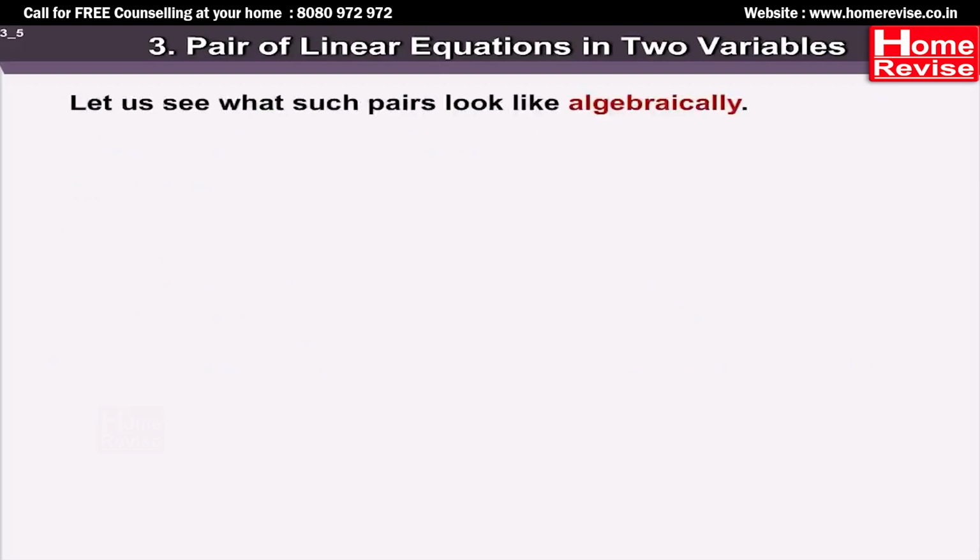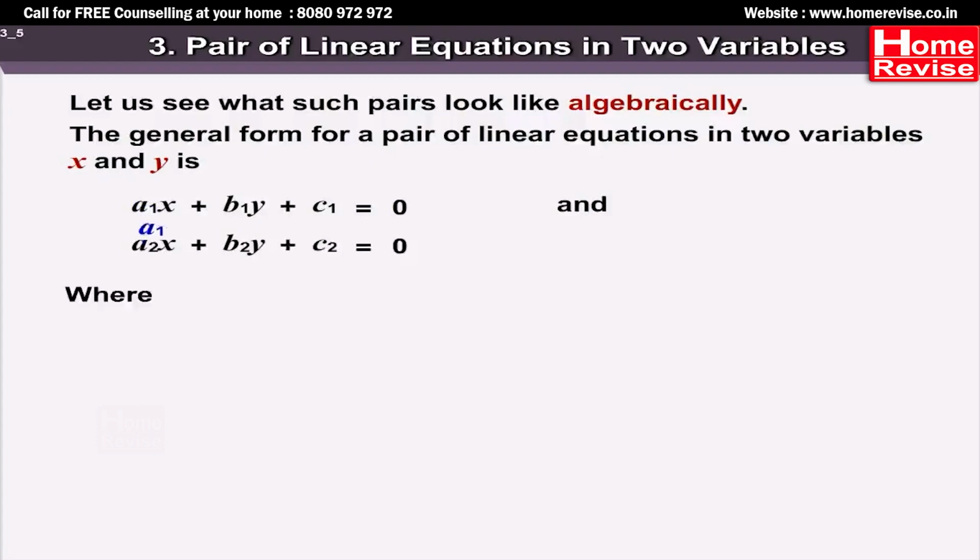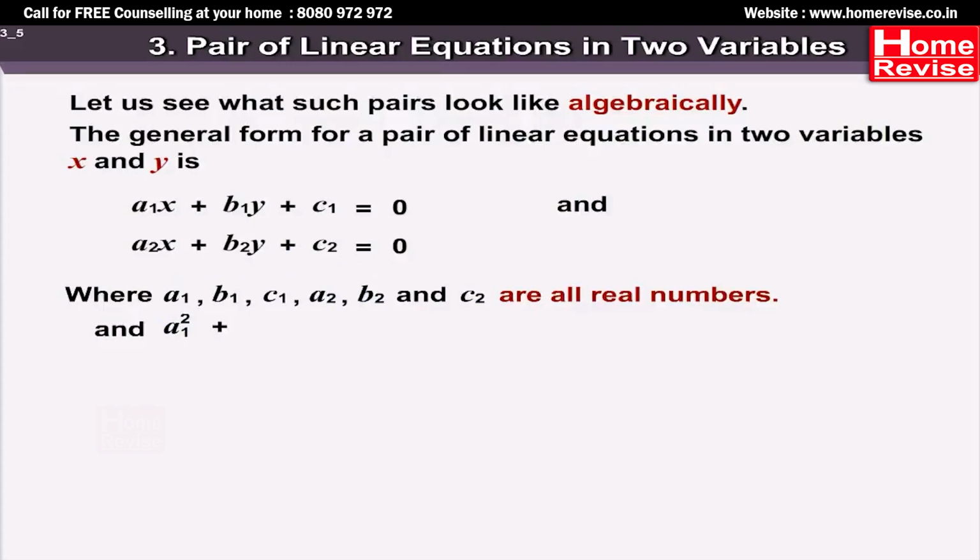Now let us see what such pairs look like algebraically. The general form for a pair of linear equations in two variables x and y is a1x plus b1y plus c1 is equal to 0 and a2x plus b2y plus c2 is equal to 0, where a1, b1, c1, a2, b2 and c2 are all real numbers, and a1 square plus b1 square is not equal to 0.